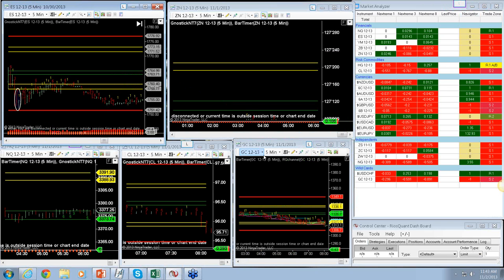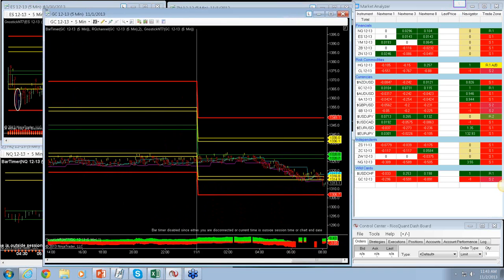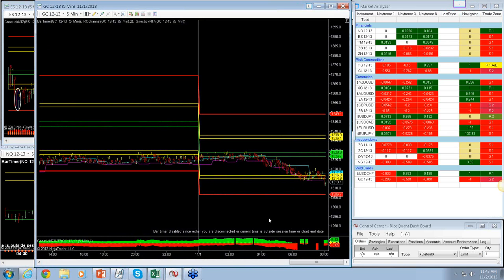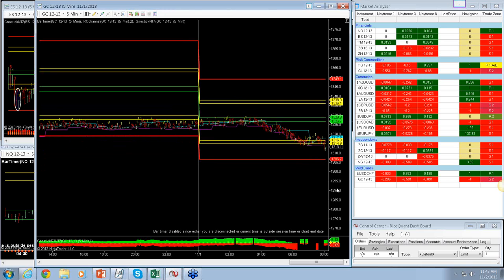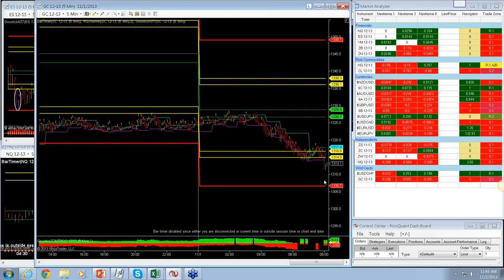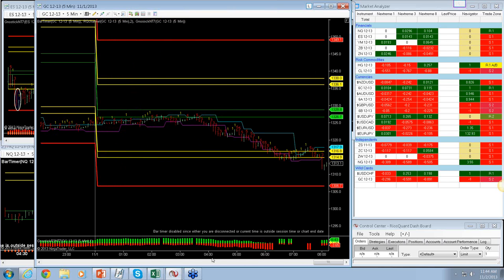Okay, you want me to show you gold? I'll be glad to. Here's gold yesterday, but unfortunately I don't have all the data because I'm unable to connect to my data feed today. So this was from London, midnight. Levels change. Price action is unable to get into the bullish side of the chart.